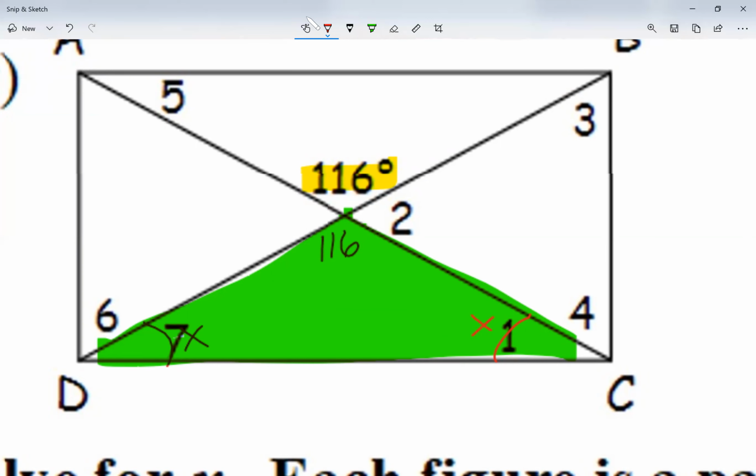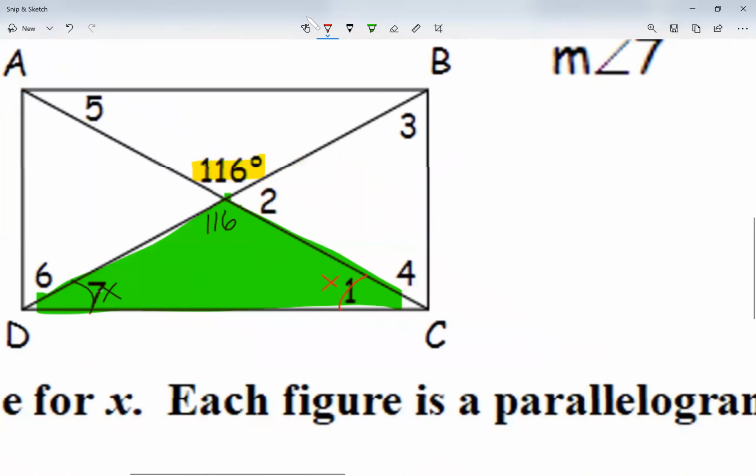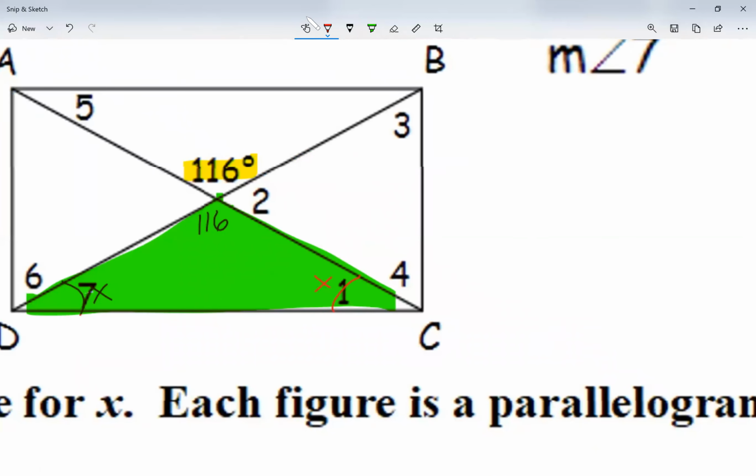The way I'm going to solve this, I'm looking at a triangle. I have the 3 measurements of my triangle, so I'm just going to add the 3 angles, X plus X plus 116. Notice I added the 3 angles of my triangle, and I know that when I add 3 angles of a triangle, they equal 180.